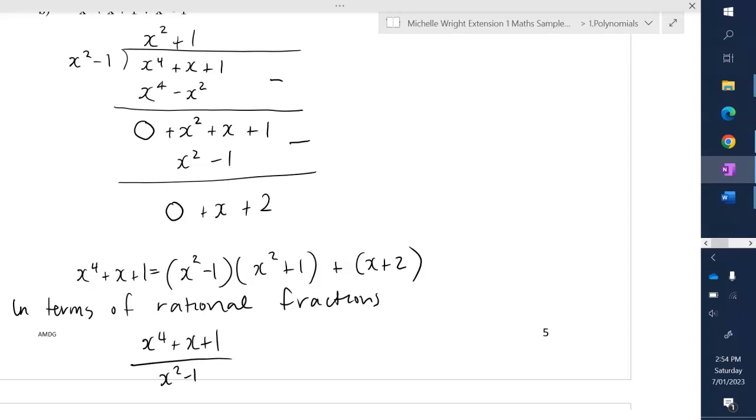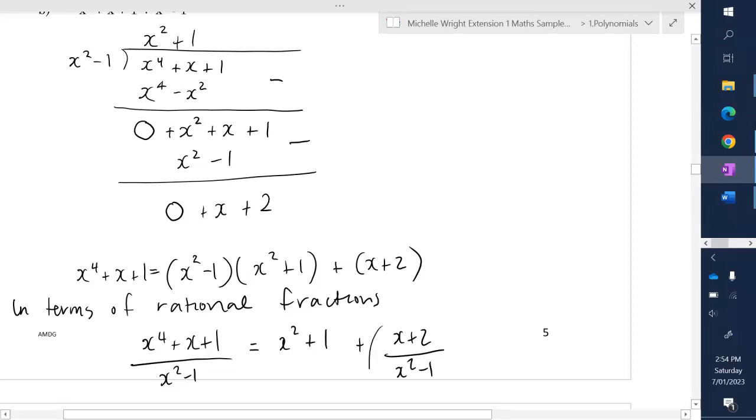We've divided this polynomial by this one, is equal to, we got an answer of x squared plus 1. That's how many times it goes into, plus x plus 2 parts of x squared minus 1. That's my remainder part. So how many times did x squared minus 1 go into our original polynomial? It went in this many times, but there were this x plus 1 amounts of that left. So they're the same thing.